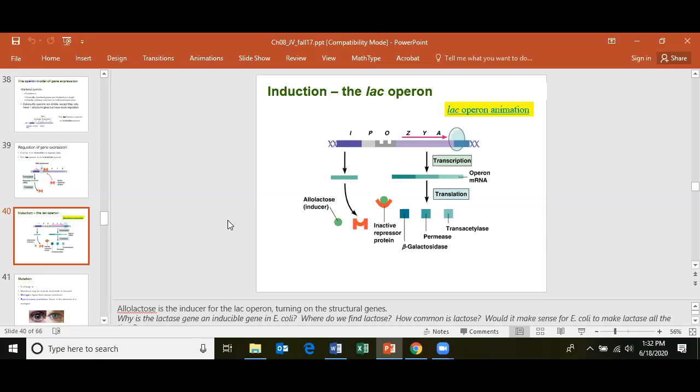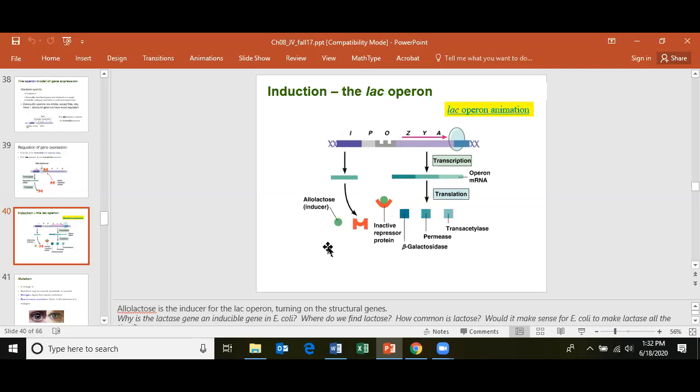So that is the way that E. coli and bacteria control the expression of the structural genes in the lac operon. When the sugar lactose isn't around, then allolactose isn't around, and that means the repressor protein is active. It binds to the operator, and that shuts down the lac operon.